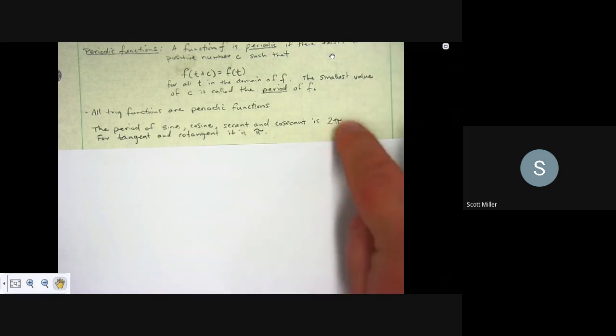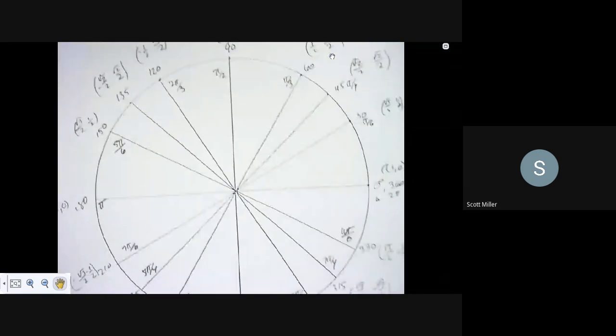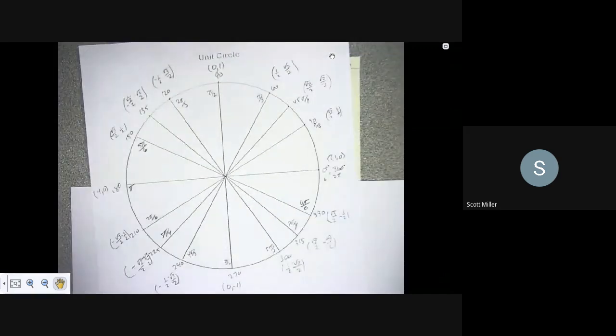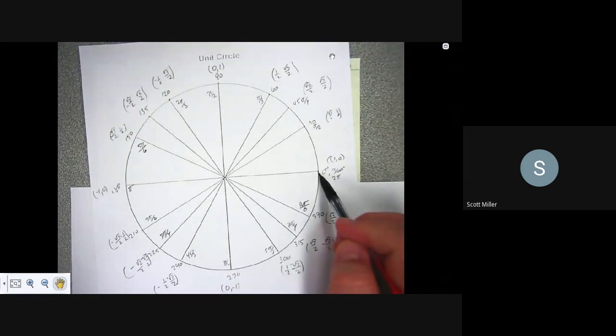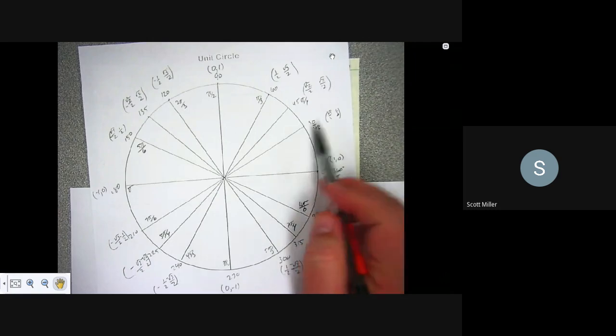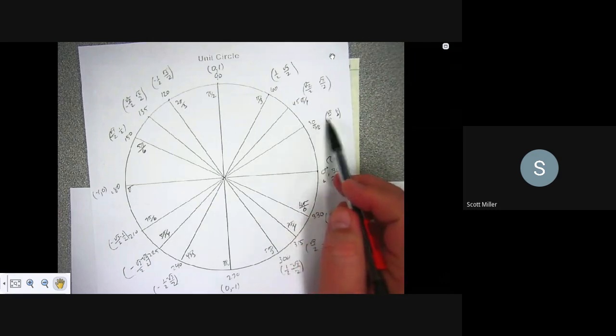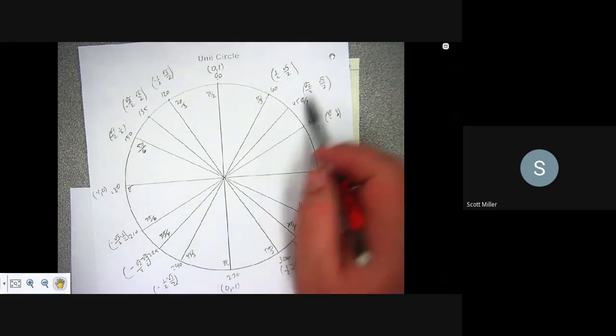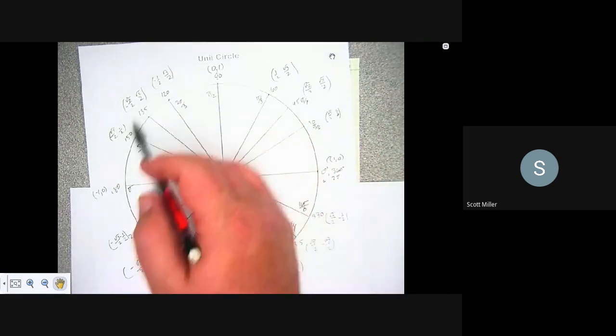So why is it 2 pi? Well, it's 2 pi because of our unit circle. One time around the unit circle, if you remember, is 2 pi. So if I start right here and I start going around the circle, remember, this is the cosine value for this angle, and this is the sine value for this angle. As I go to each of these values, the sine and the cosine are related according to those points.